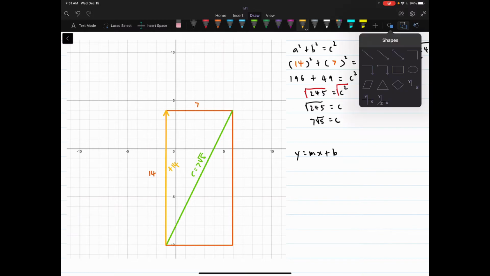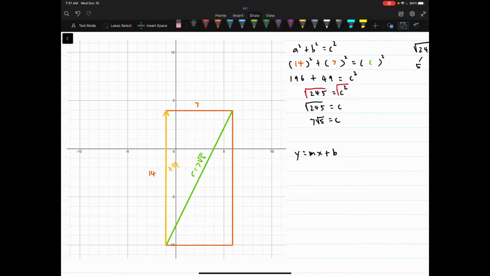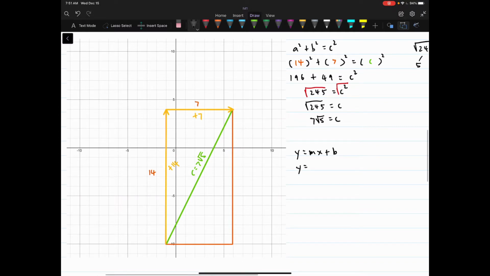And then we're going to have the run, which is going to be positive 7, because it's going in the right direction. Positive 7. And so we're going to do y is equal to m, which is rise over run, which is 14 over 7, x plus b, which is my y-intercept.